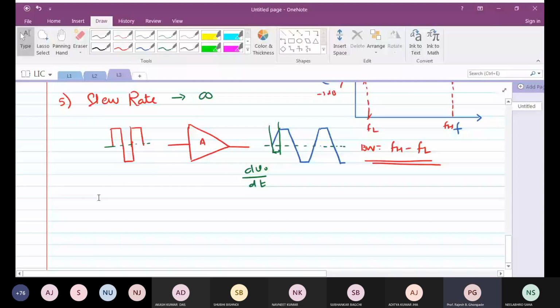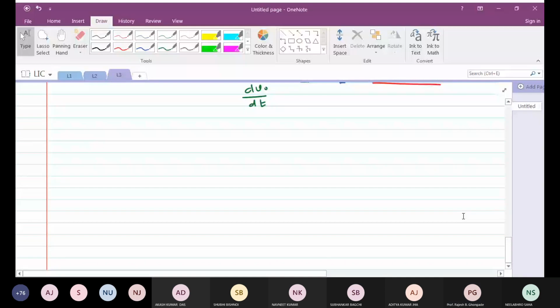Or let me put it this way. Let us see the block diagram of a typical operational amplifier and then discuss things out there. So the block diagram of a typical op-amp.